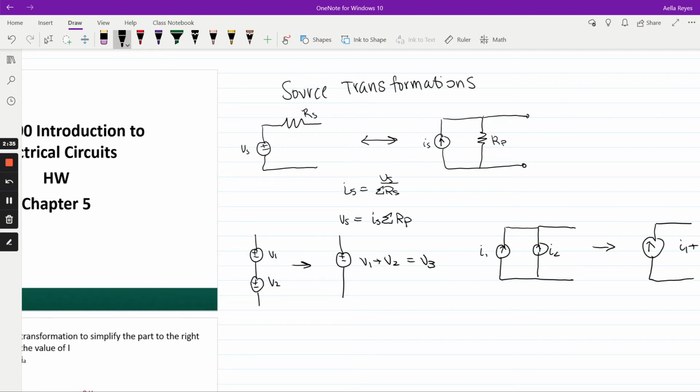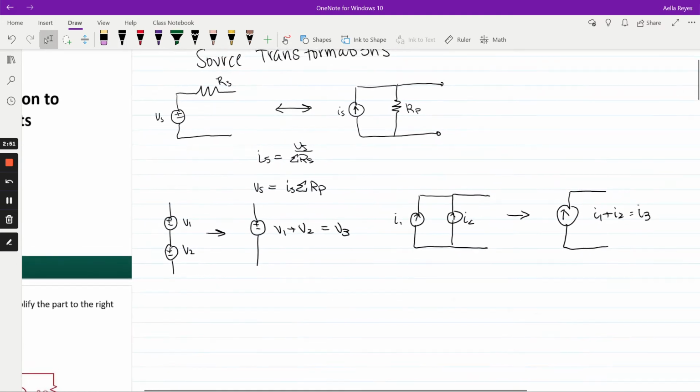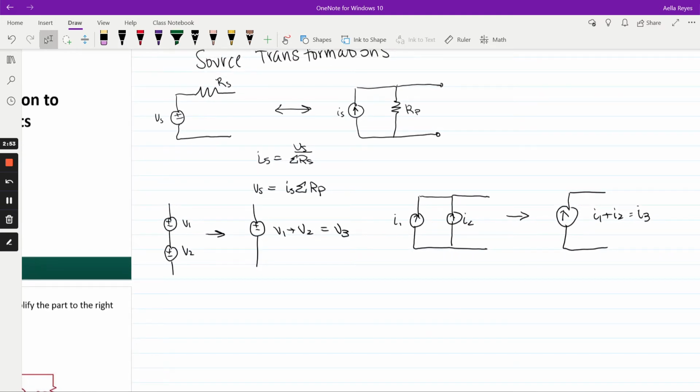And then vice versa, if you want to make a voltage source in series with a resistor, your new voltage source is your current source times the sum of all your resistors in parallel.